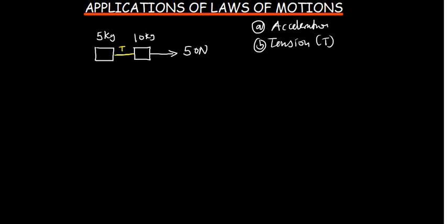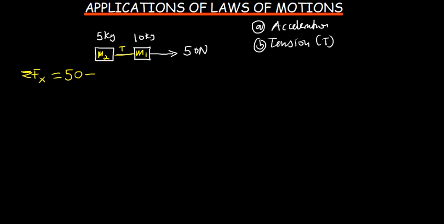So how do you work it out? Let me call this M2, this M1. We are going to look at each of these. Firstly, let's look at M1. Let's look at the net force. Because this M1 would be moving in the x direction, that will be net force in the x direction. That is going to be equal to forward force, which is 50, minus, do you have any backward force? Here we are taking that this ground is frictionless, there is no friction.